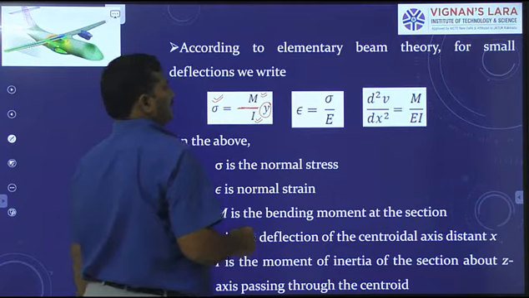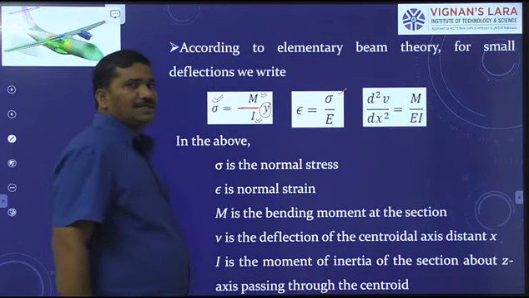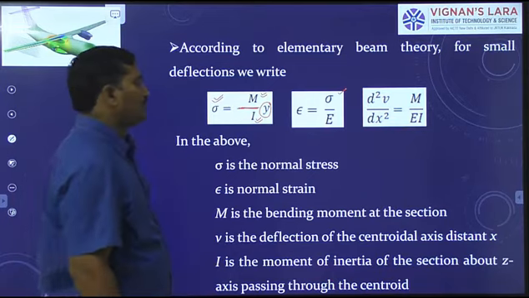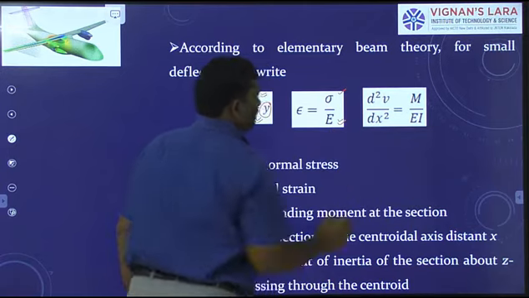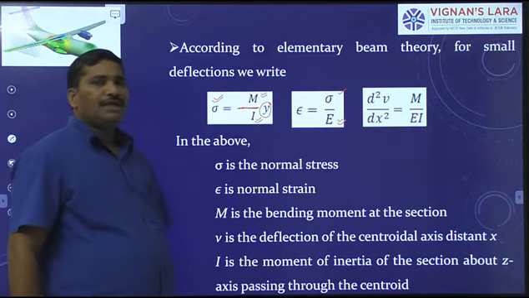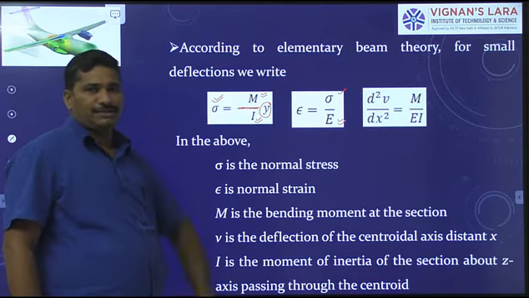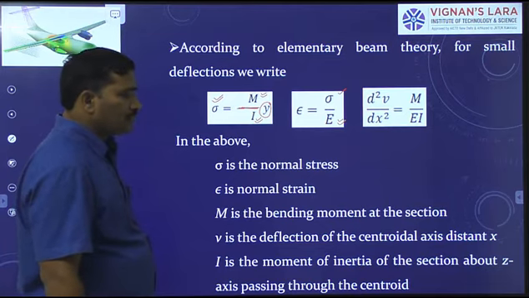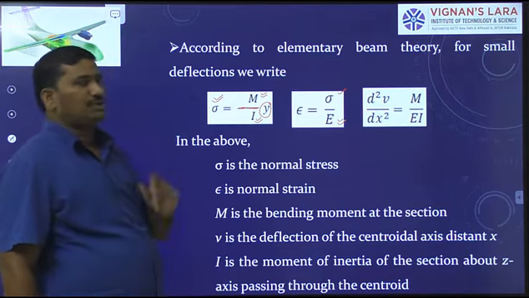Next, from Hooke's law, we know that epsilon equals sigma by E, because stress by strain equals Young's modulus. E is the Young's modulus of the material. We consider here only the beams that are made of isotropic materials, and also assume that the material is homogeneous.